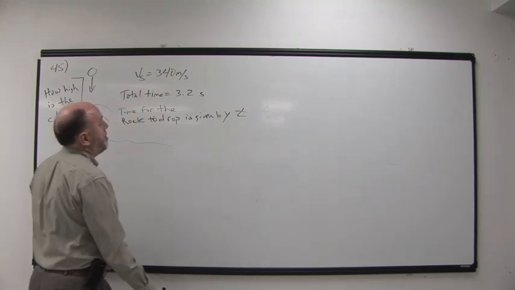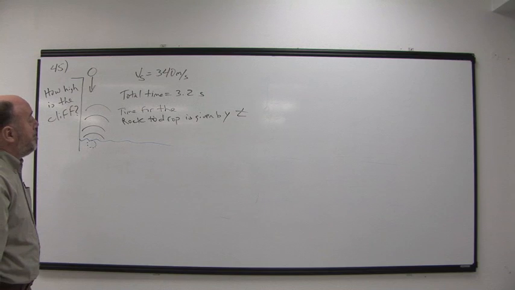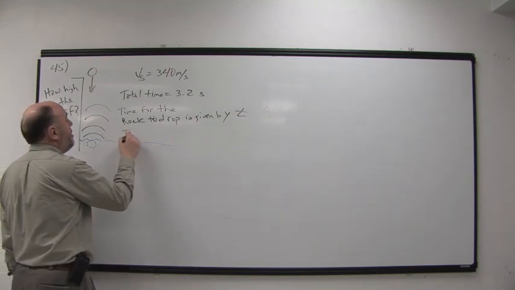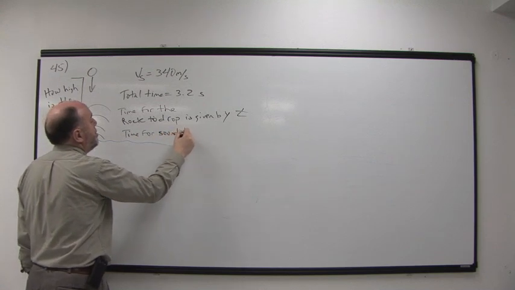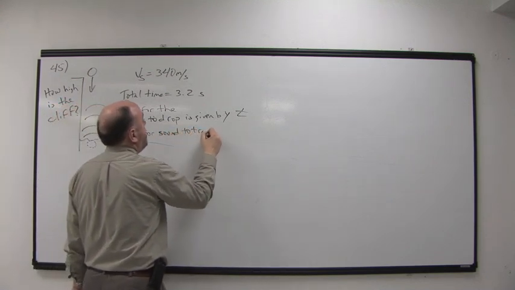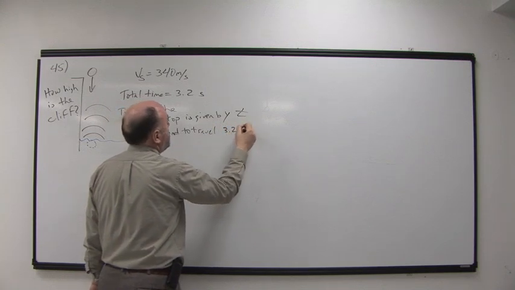That will be my time for the rock. Which means then that the time for the sound to travel is 3.2 minus t.